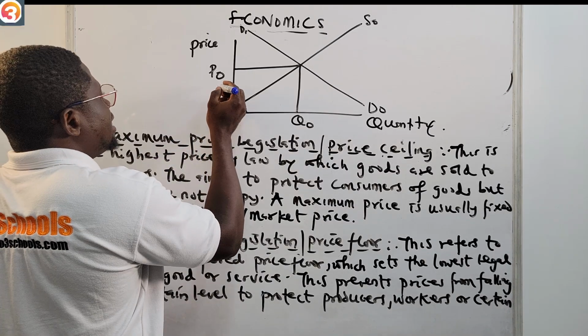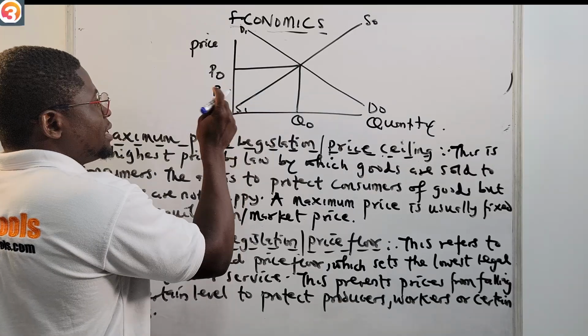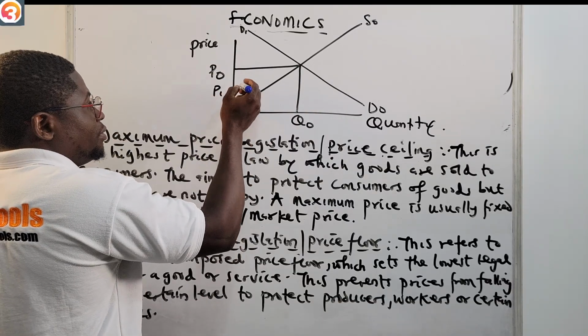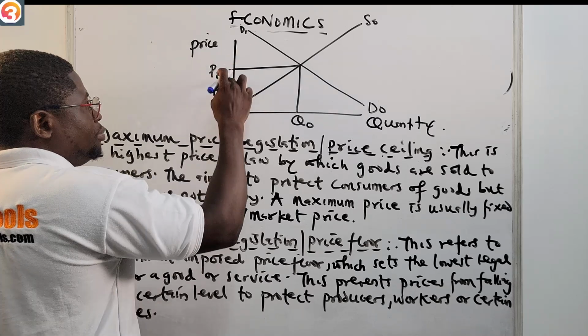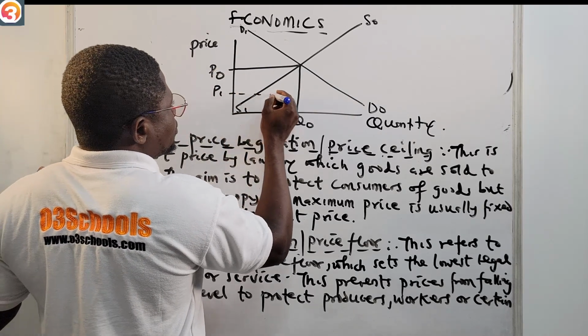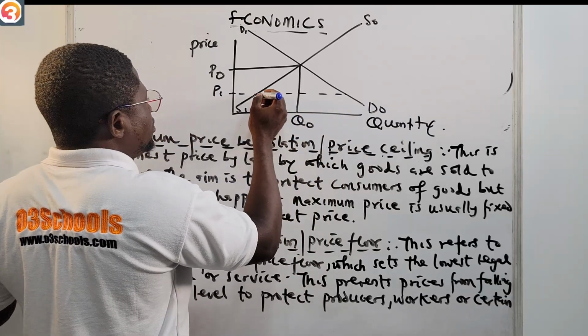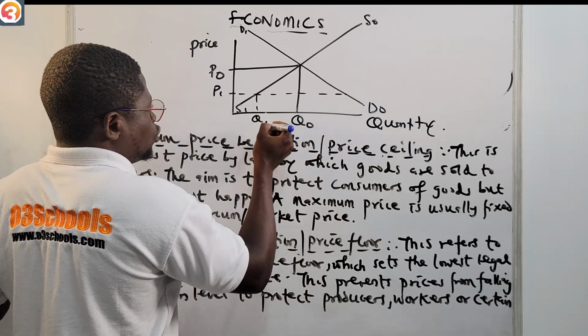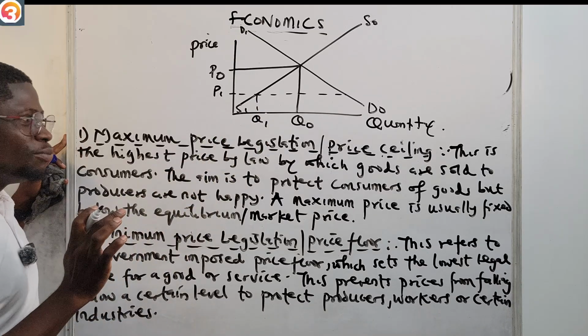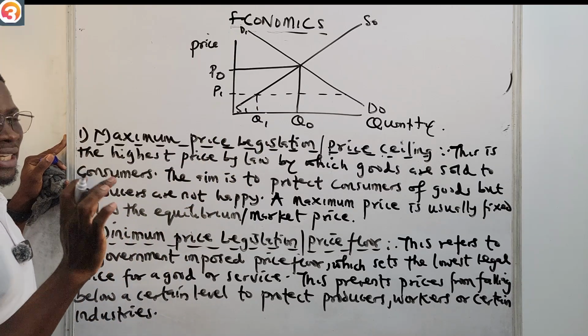So let's say our P1 is here, below P0. We can trace across, and this will be our Q1. This is our maximum price legislation.